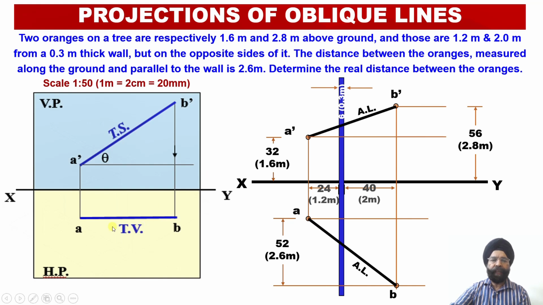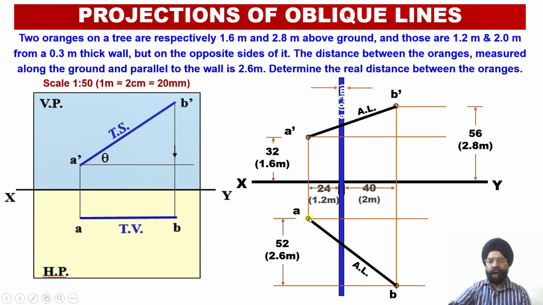So in order to obtain the true length of the line in the front view, we remember the principles of rotation of line, that is, whenever the apparent length projection of the line in the plan or in the top view is parallel to the vertical plane, its corresponding projection onto the vertical plane, that is in the front view, will reveal the true length or true shape of the line.